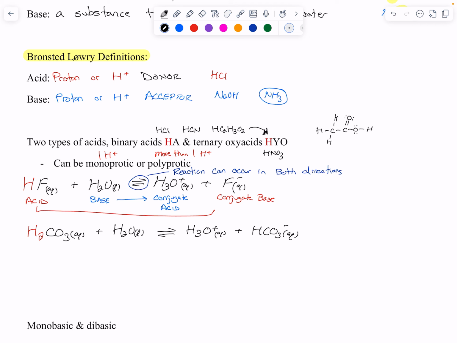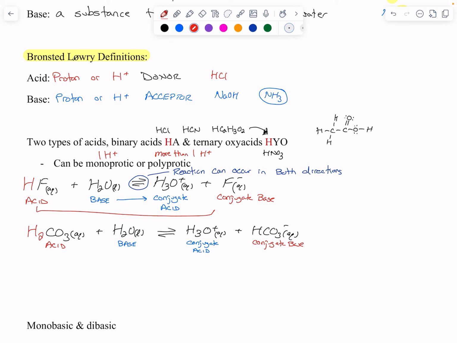So again, we have an acid, you have a base, you have the conjugate acid, and the conjugate base. Those are your acid-base pairs where the proton's going from one to the other.